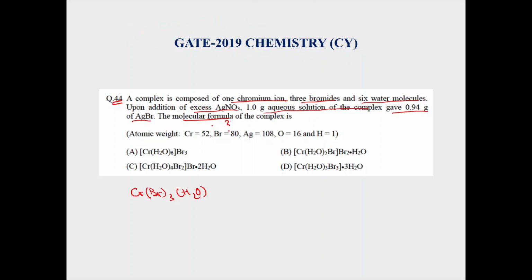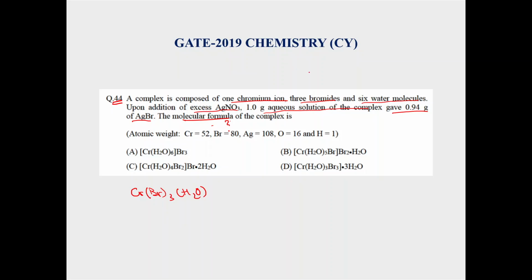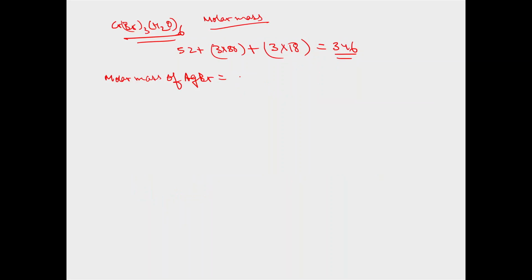Now we will also calculate the molar mass of silver bromide, AgBr. For Ag, the atomic weight is 108 and for Br it is 80.